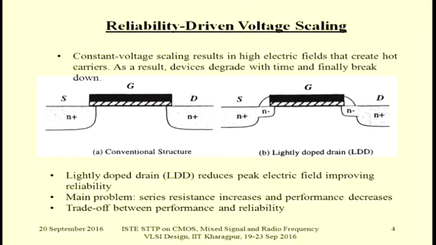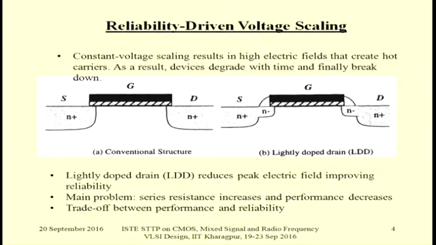We are taking into account an enhancement mode device, so this channel is without any carriers, primarily when the gate voltage is below the threshold voltage. So between the channel and the N plus heavily doped region, a lightly doped N minus region has been brought in. This tends to lower the electric field, particularly near the drain region, because the electric field exerts influence mostly towards the drain side.